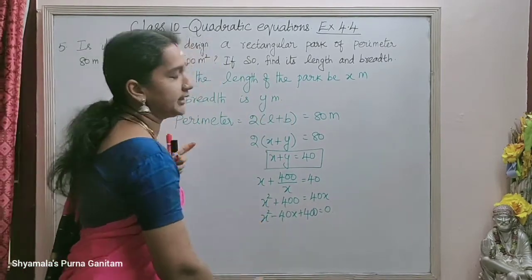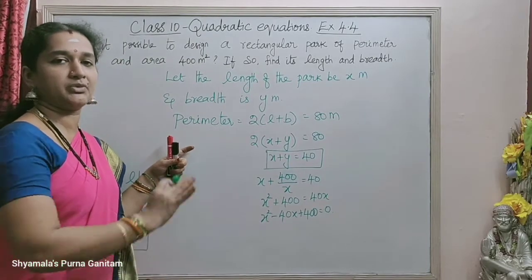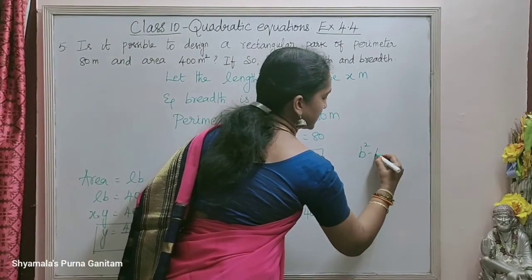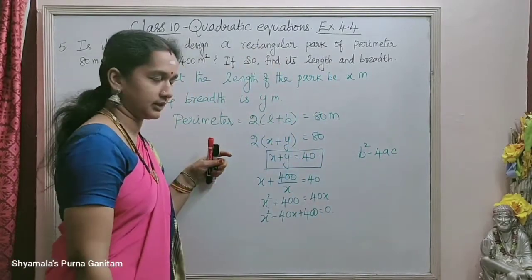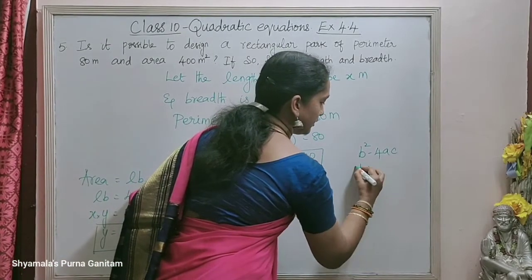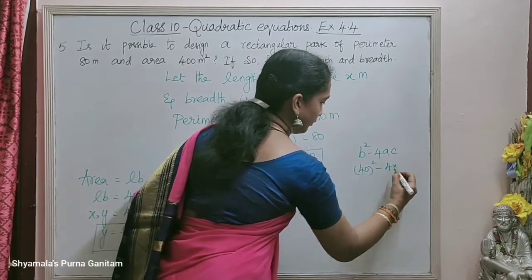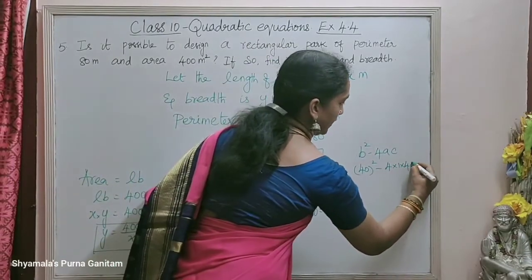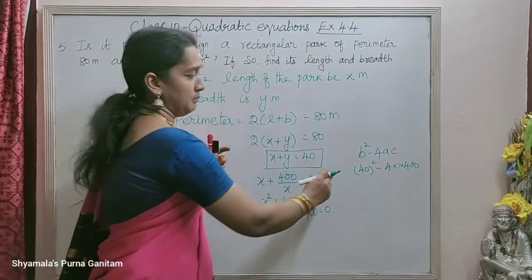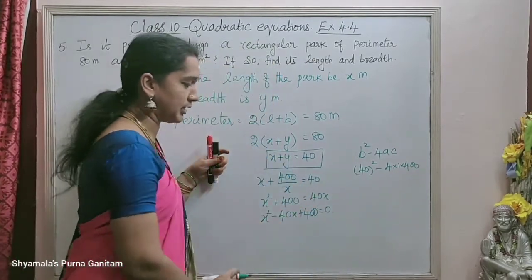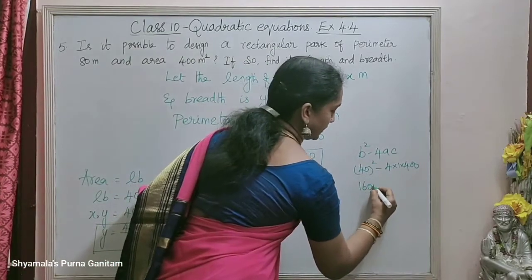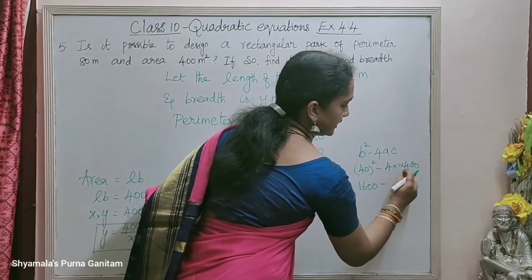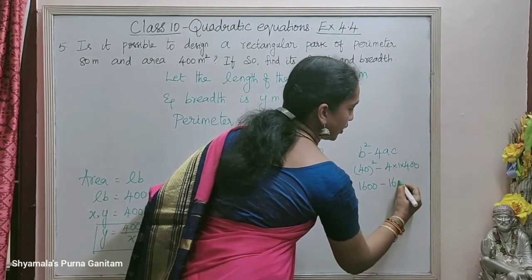Okay, so if we find the discriminant of this, we will check whether we are getting real roots or not. For that we check b squared minus 4ac. b squared is 40 the whole square, which is 1600, minus 4 into a into c, which is 4 into 400, that is 1600.